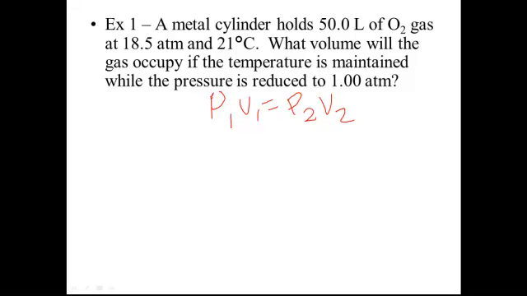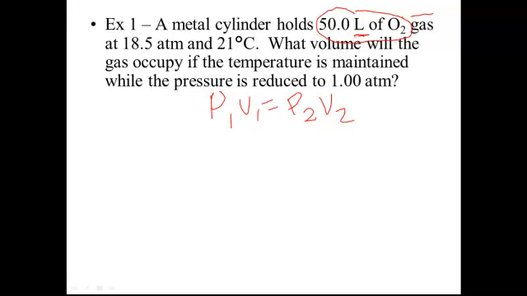It says a metal cylinder holds 50 liters of oxygen gas at 18.5 atmospheres. Now, it doesn't say what these are, but you need to be able to read this and determine what they're referring to. If they say 50 liters of oxygen gas, what information are they telling you?